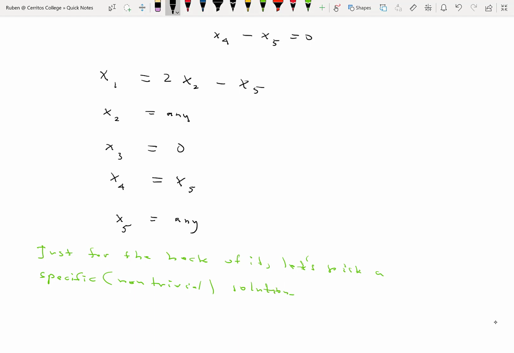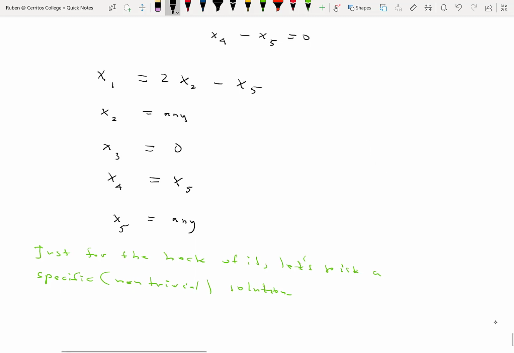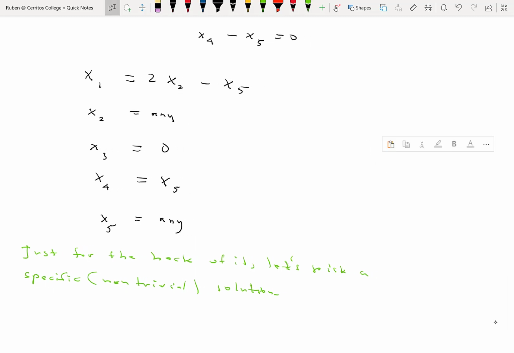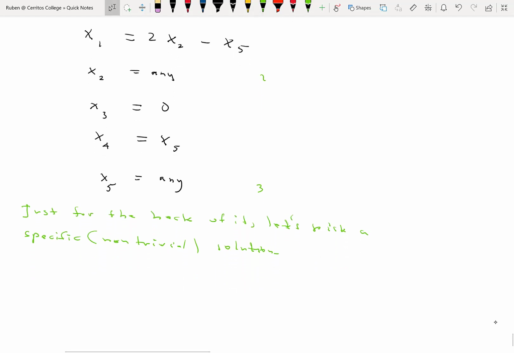Well, I could do that. Oh, I can do it in an infinite number of ways. Let's let x2 equal 1 and x5 equal 3. Yeah, let's do that. Why not? If we do that, we get the specific solution x1 equals 2x2, which is chosen to be 1, minus x5, 3.